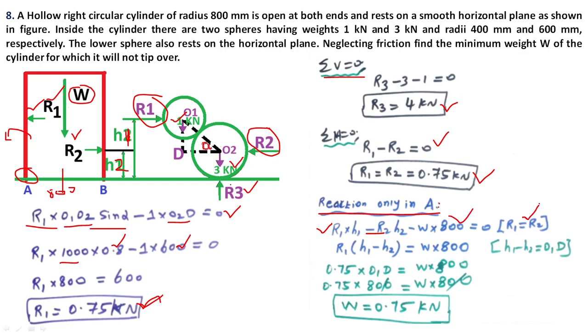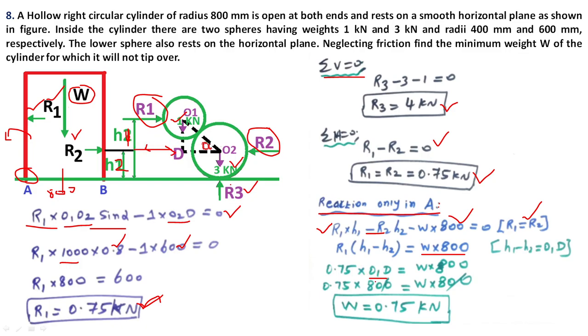Here R1 is equal to R2, so R1 or R2 is equal to 0.75, the same reaction force. So R1 into (H1 minus H2) is equal to W into 800. R1 is 0.75, and H1 minus H2 is equal to O1D. This is H1, this is H2, and the difference of the distances is O1D.